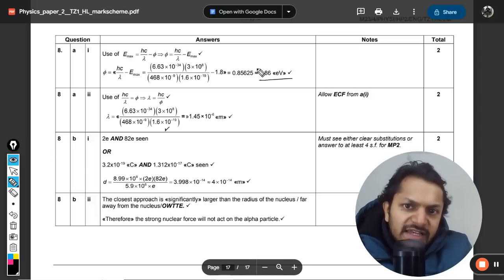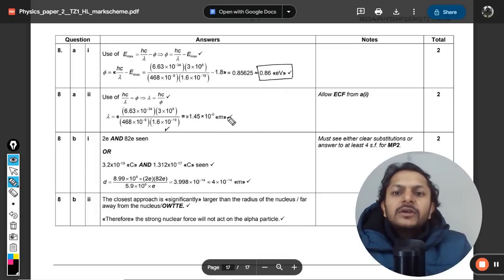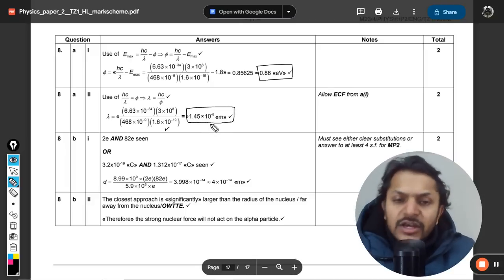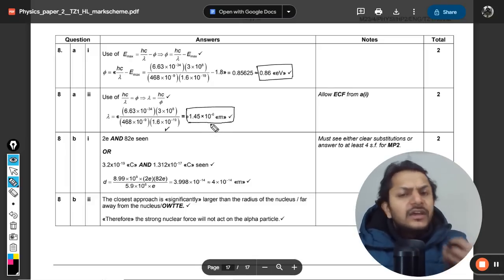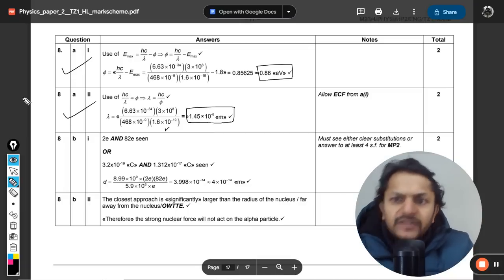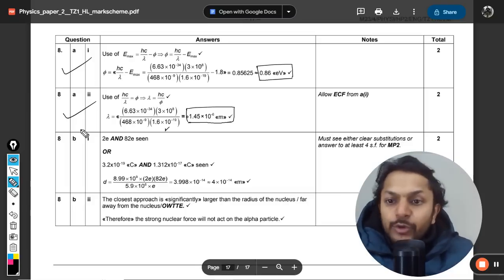Because this is in eV, you have to convert it into joule, because for the wavelength you want the answer in SI unit. So eV has to be converted into joule. Okay, so even this is done. I don't think there will be any problem here.